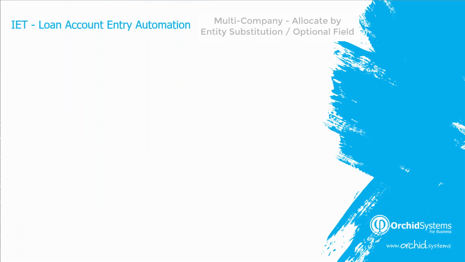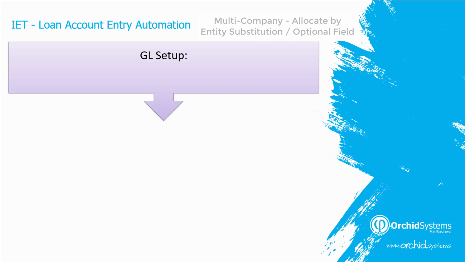We have just seen the example and the setup required for multi-company allocation to entities using an entity optional field. In the GL, we saw we needed to create an entity segment and segment values, create and configure optional fields, create the accounts, the clearing accounts and due to and due from accounts for each entity, and create the source types for inter-entity transactions.